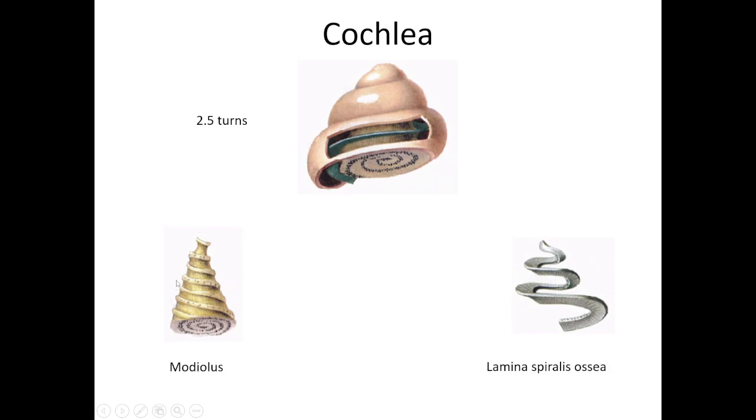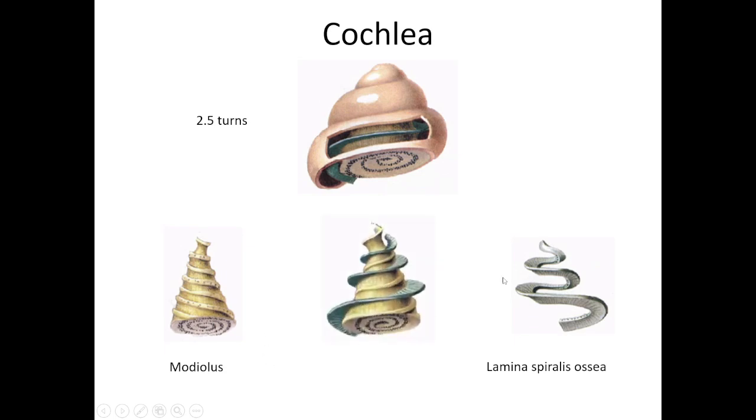This lamina spiralis ossea inserts to the modulus here, and we can see it in green color on the upper part of the picture due to removing a portion of the cochlea, which helps us to see lamina spiralis ossea.